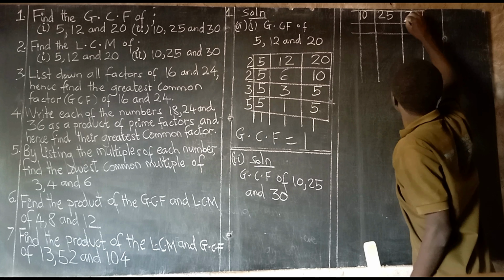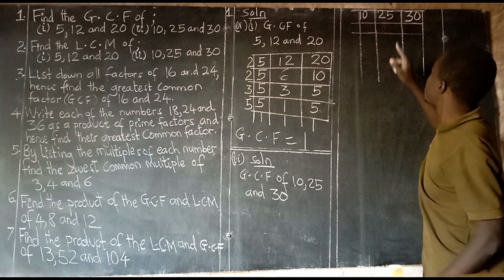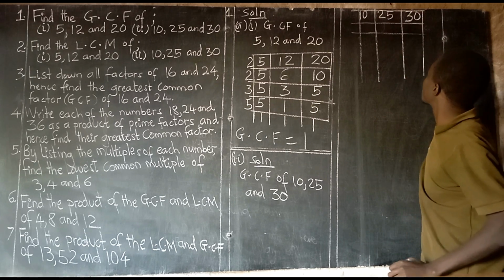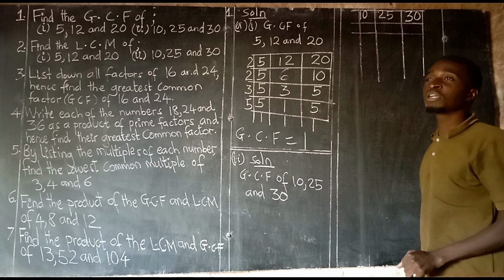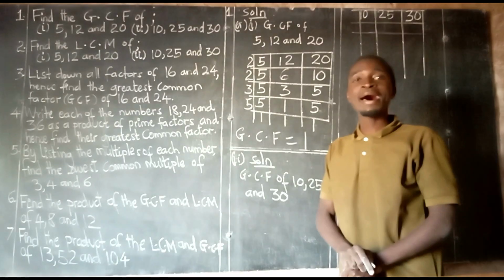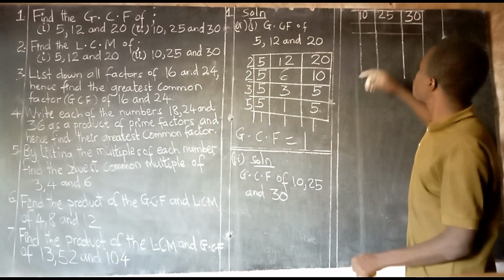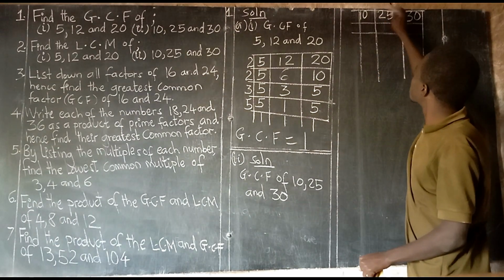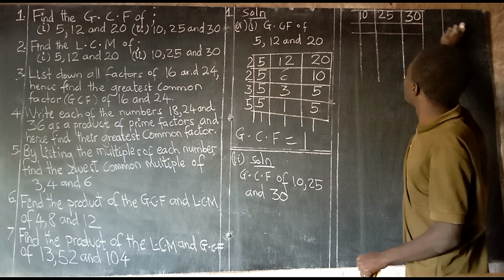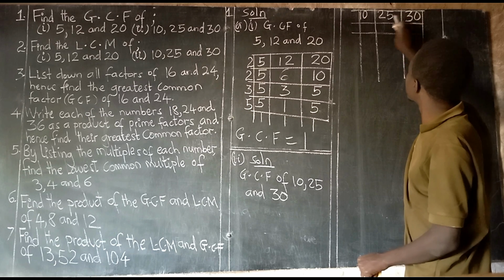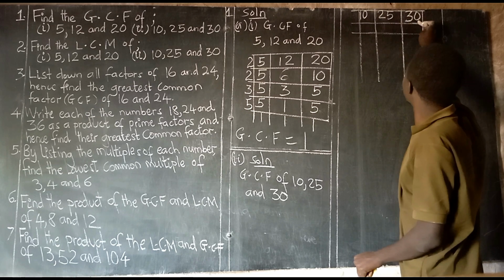Looking at the way the different prime numbers can divide these three numbers, we are going to start with the smallest prime number, which is 2. Is there any number across the three which is divisible by 2? Yes, because we have 10 and 30.